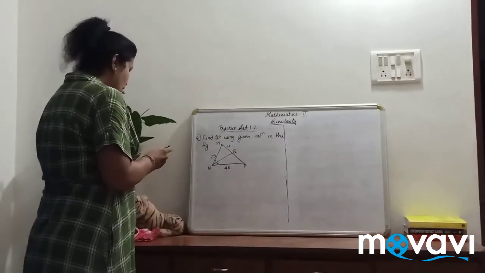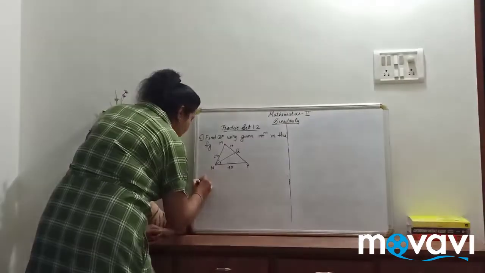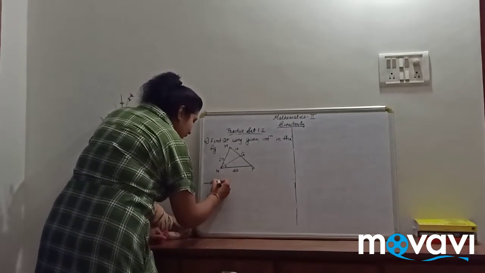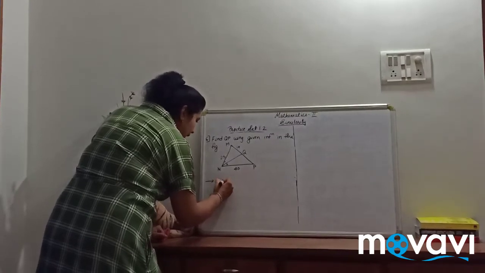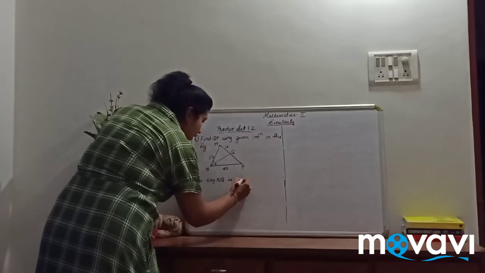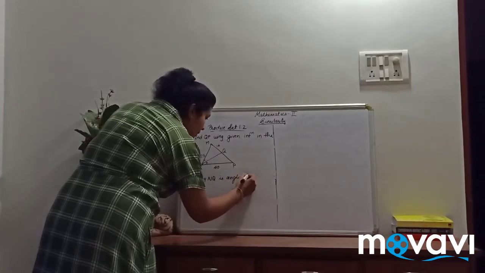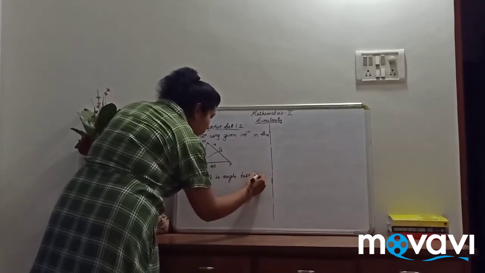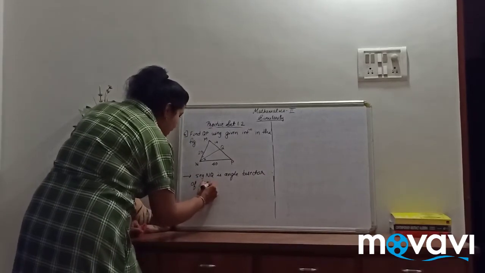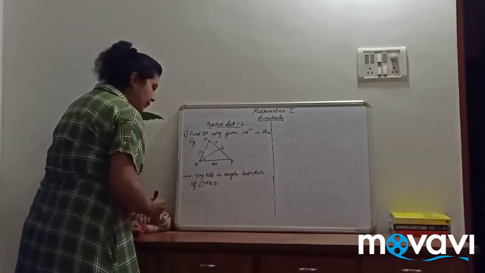Okay. So let us write it down. The given things. What is given? It is given that segment NQ is the angle bisector of angle MNP.